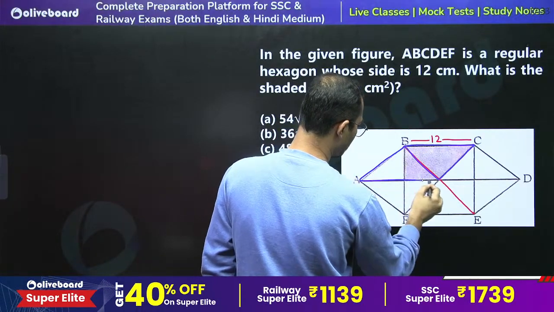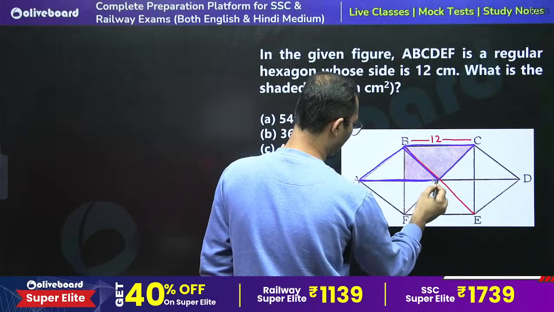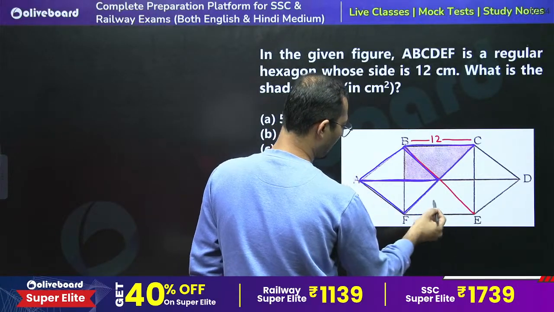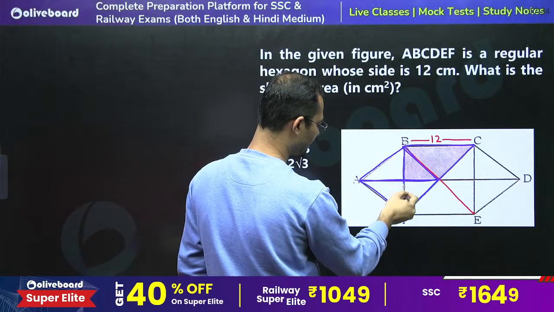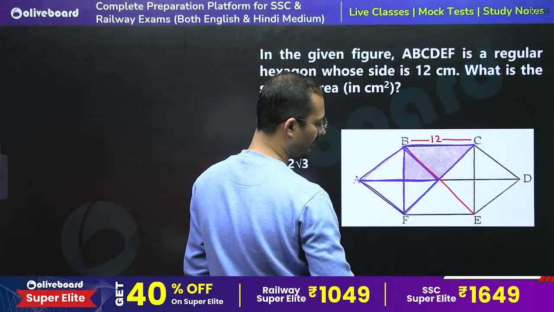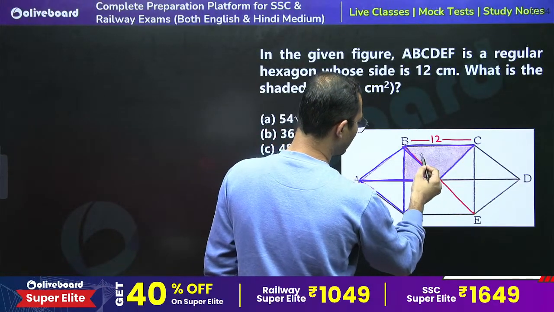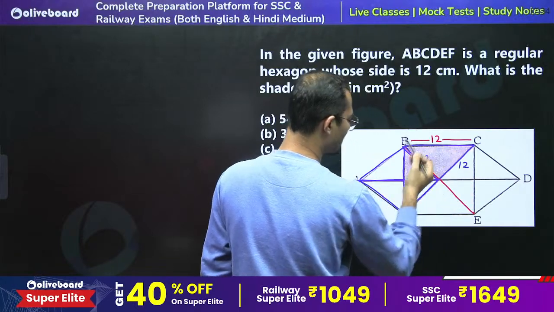One, two, three, four, five, six. Got the point? So this is 12, this is 12.